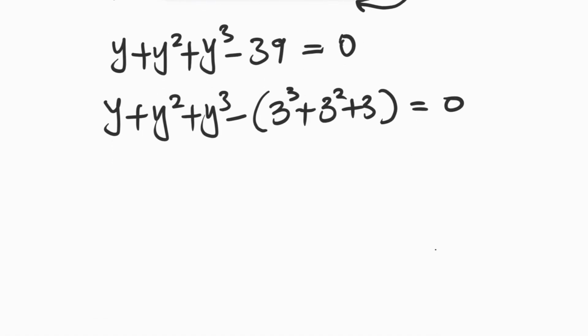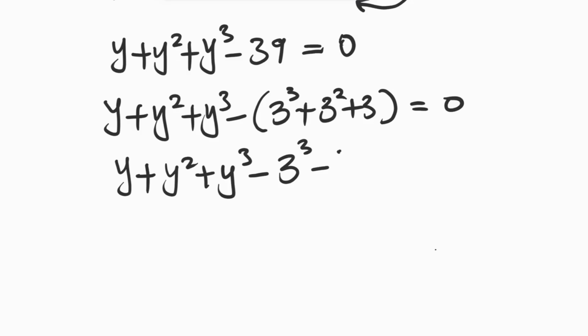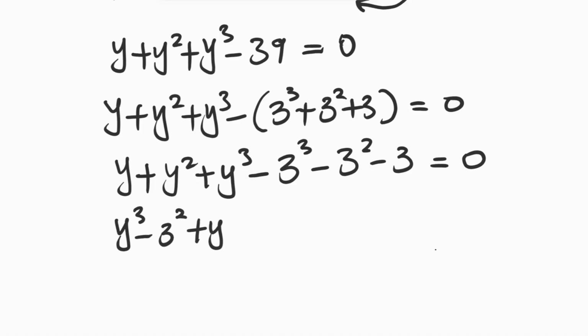So if we open up the brackets, we have y plus y squared plus y cubed minus 3 cubed minus 3 squared minus 3 equals 0. So now let us bring together the ones with the same powers. So we have y cubed minus 3 cubed plus y squared minus 3 squared plus y minus 3 equals 0.